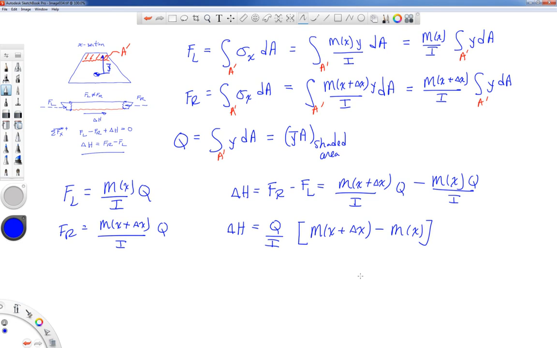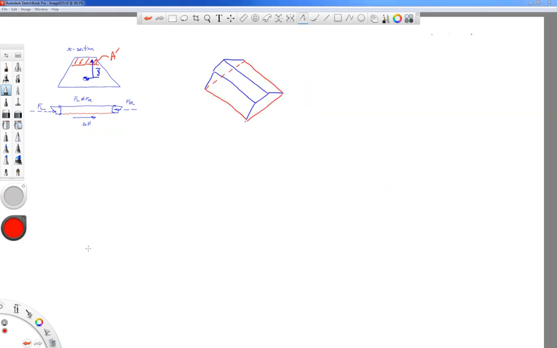All right, I'm going to try to draw a kind of 3D perspective picture now of what this force delta H is, and show you that we now have the ability to calculate the shearing stress that goes horizontally in the beam in the same direction as that delta H. Okay, so there's my attempt at drawing that shape in 3D. And I'm drawing from that red line up to the top.